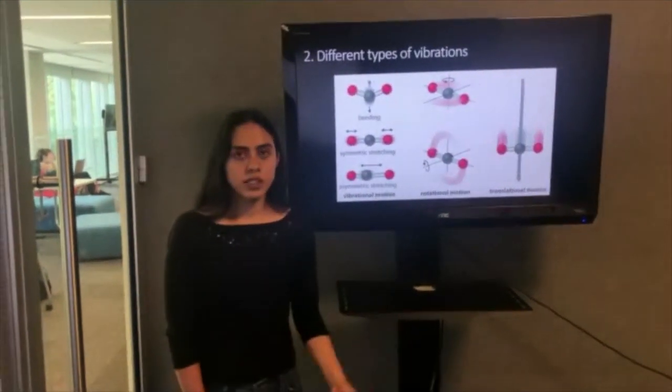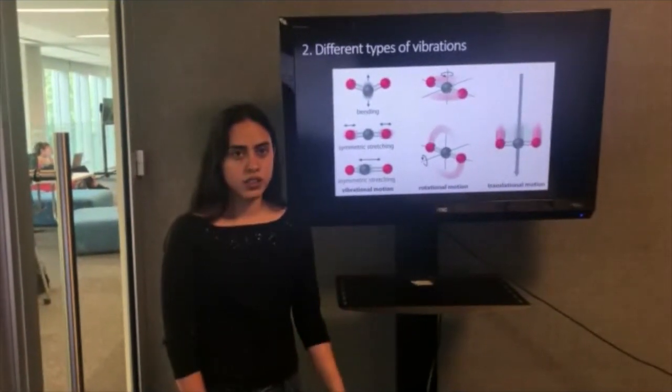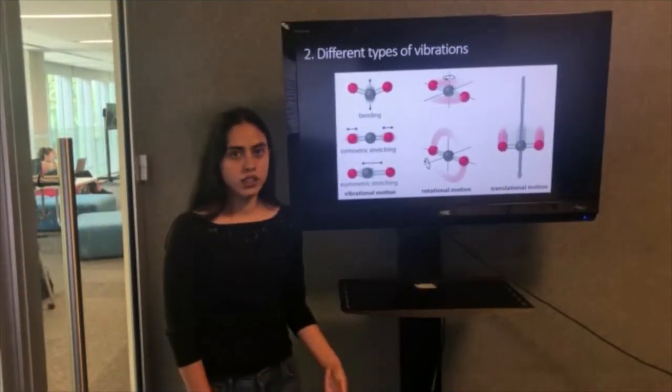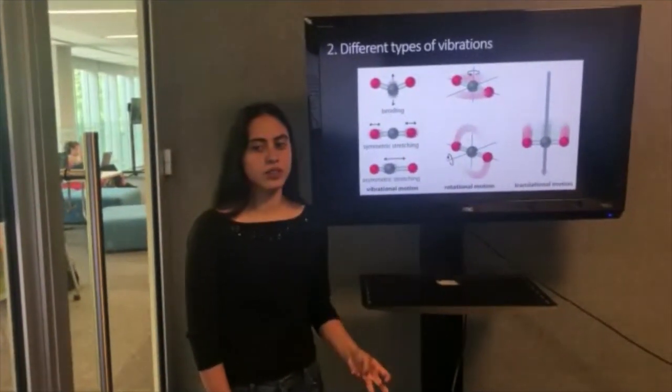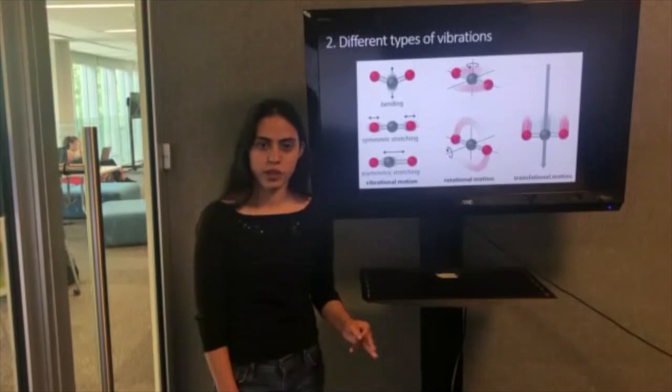Vibration movement can be decomposed into oscillations in which the atoms move in phase, called normal modes of vibration.